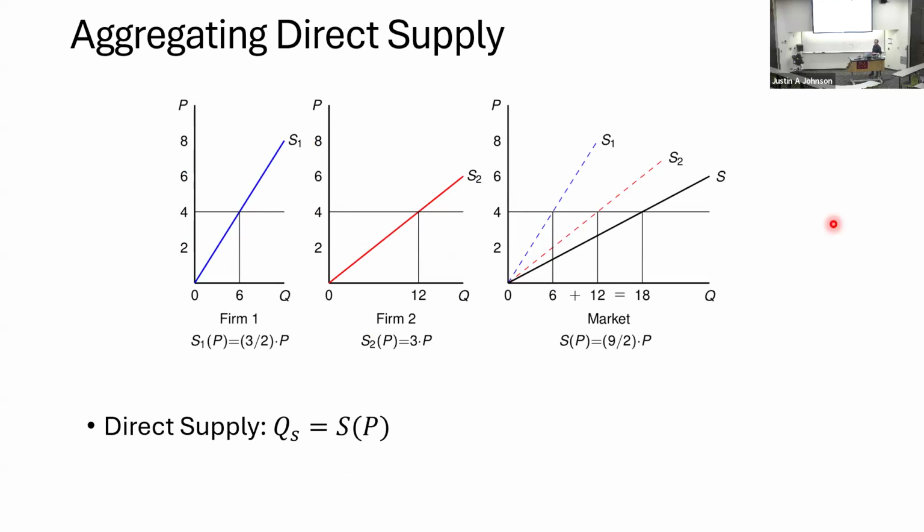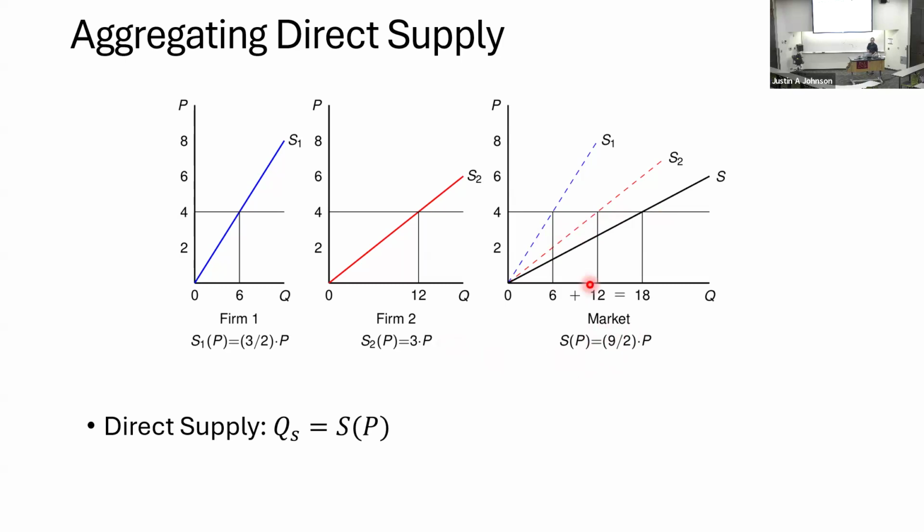The other part of this is the direct supply curve. Just like with the consumer, here's another example of how we get market supply, is we have a supply function for firm one and for firm two, and we're just going to aggregate them with that horizontal summation. But let's focus on this one.